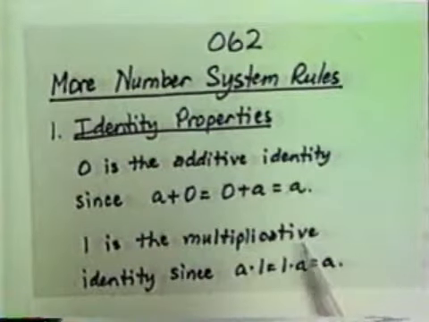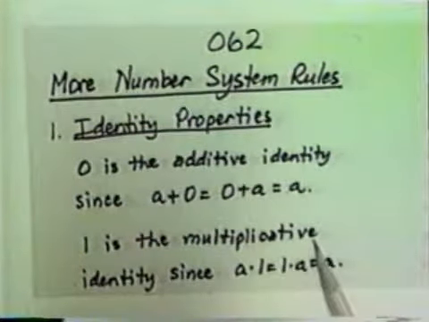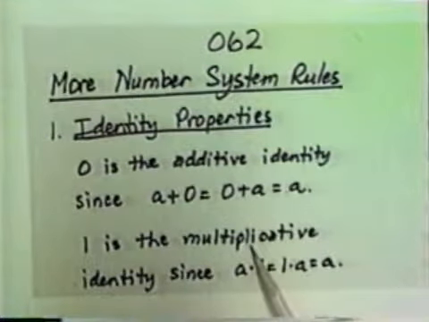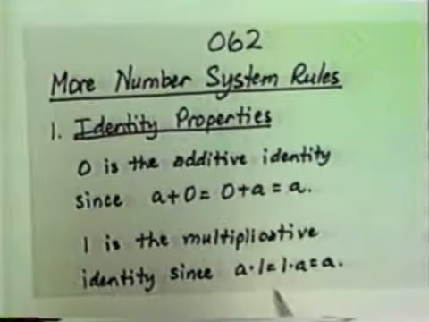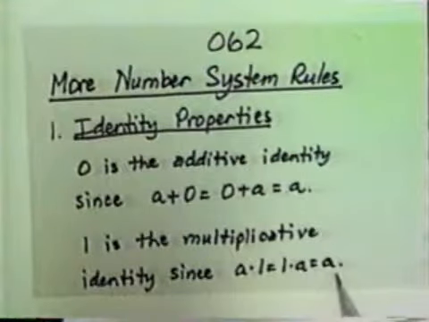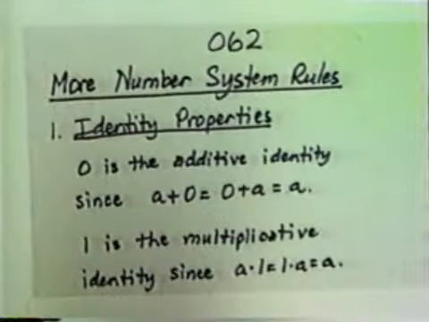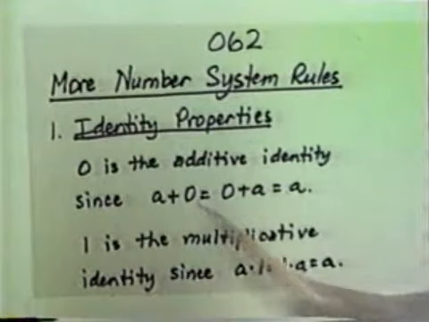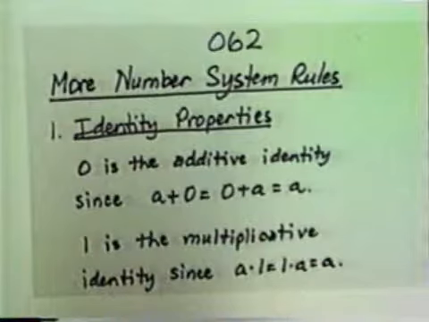The accent on this word changes to the third syllable, multiplicative. 1 is the multiplicative identity, since a times 1 or 1 times a will equal a. Adding 0 doesn't change a number. Multiplying by 1 doesn't change a number. That's what the identity properties say.